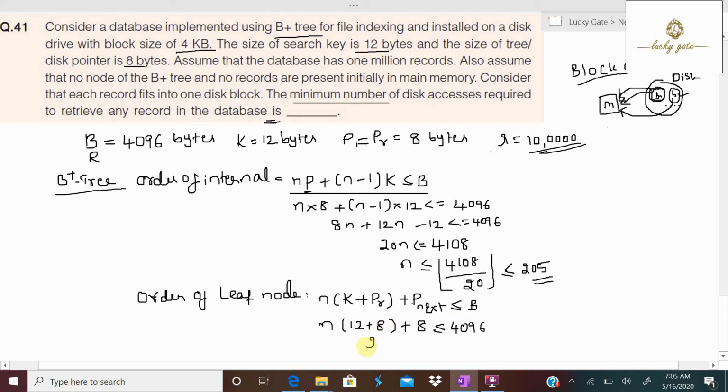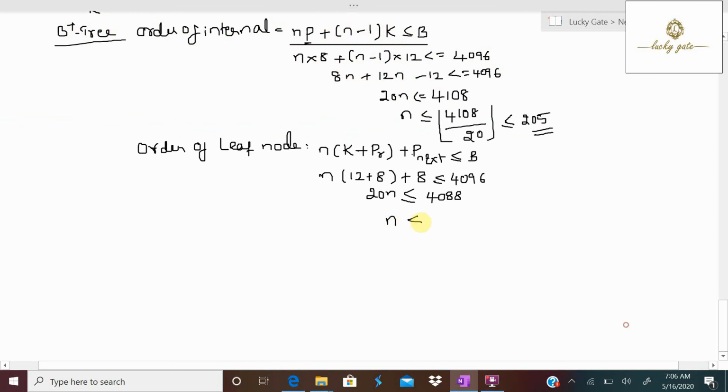Now when you solve this equation, 20n is less than or equal to; if this 8 goes to the other side, it becomes 4088. So n is less than or equal to 4088 divided by 20. Because it is less than or equal to, we have to take the lower bound. When you compute 4088 by 20, you get 204 point something, so we take 204 as the order of the leaf node.